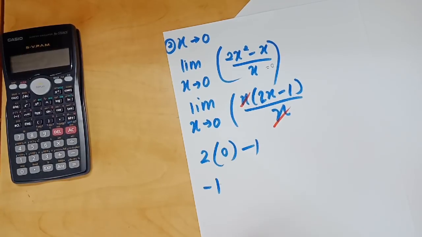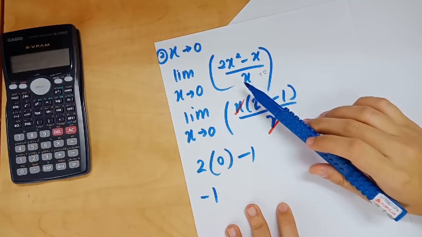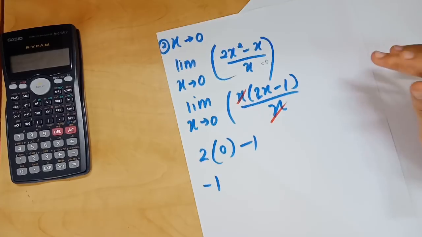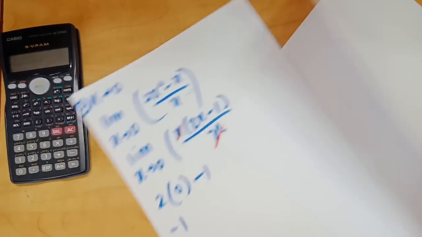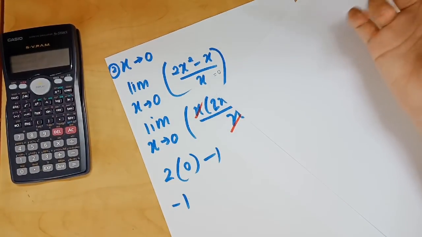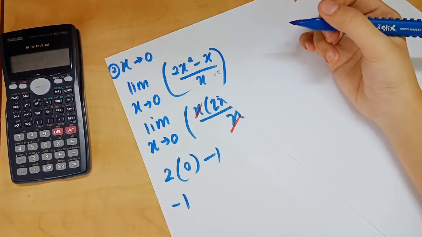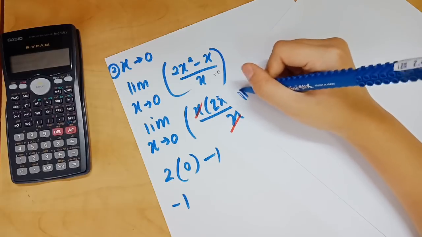So sometimes you have to factorize the things first before you can use the first principle. Another case where you have to factorize, I'll show you now. There are two different cases where you have to factorize. One is when the denominator is 0, and the other one is this.